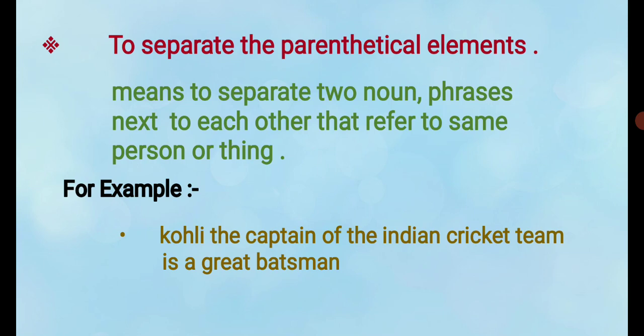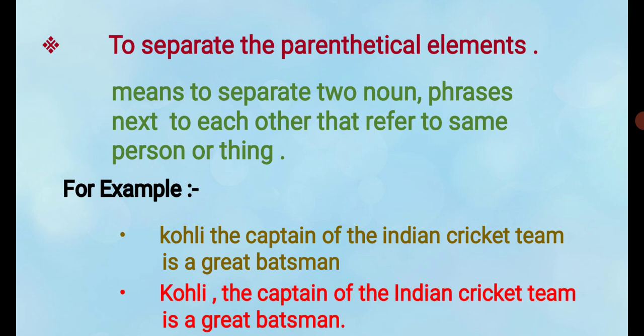It is the parenthetical element, meaning a name. Both are used for one person. So what will be the answer? After Kohli we will put a comma. The captain of the Indian cricket team, is a great batsman, then put a full stop.